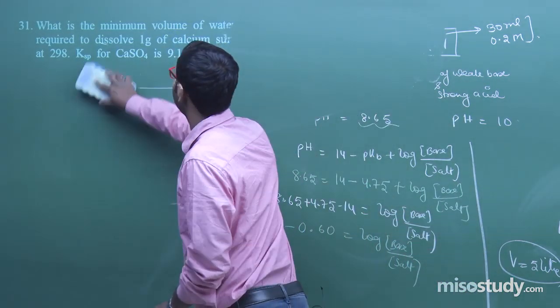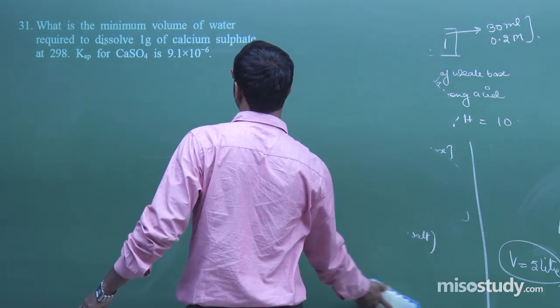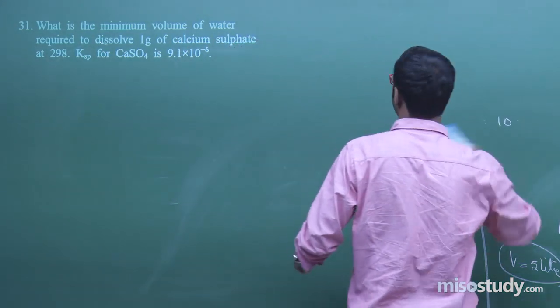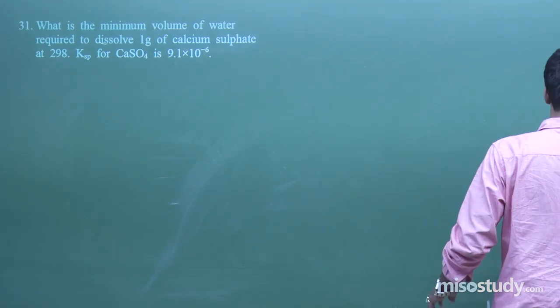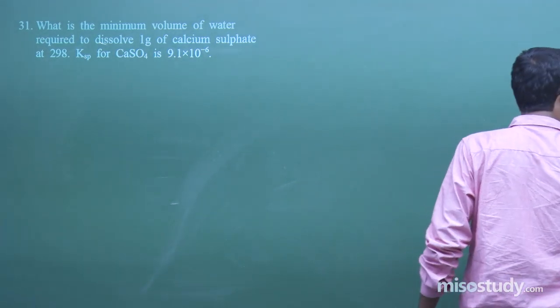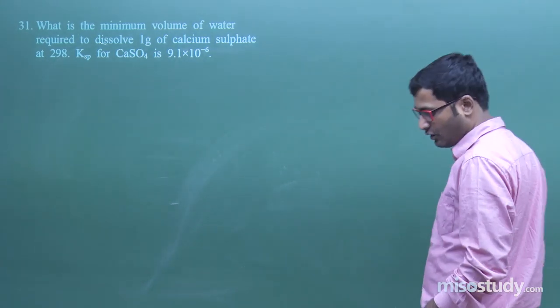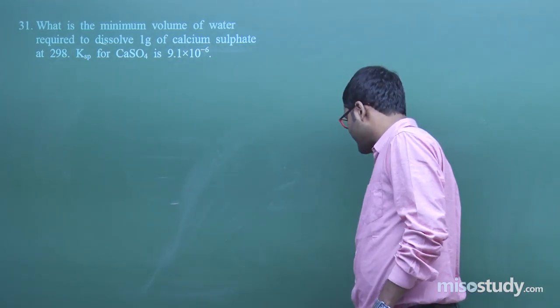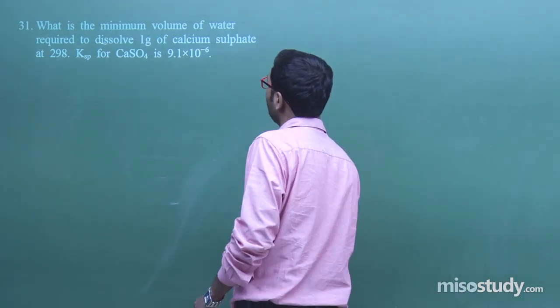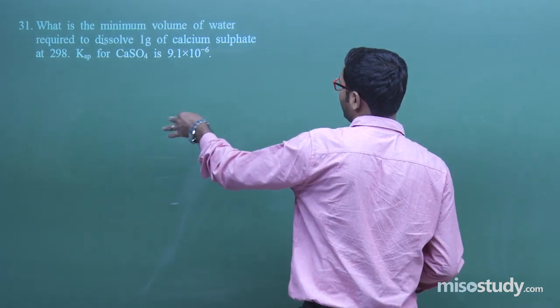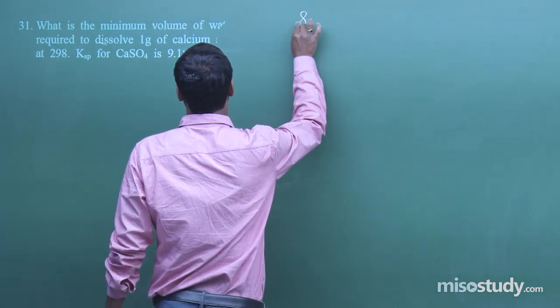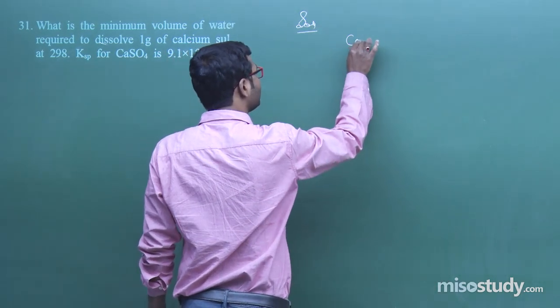What is the minimum volume required to dissolve 1 gram of calcium sulfate? Again I am repeating, what is the minimum volume required to dissolve 1 gram of calcium sulfate at 298 Kelvin, KSP value. Now this is calcium sulfate.